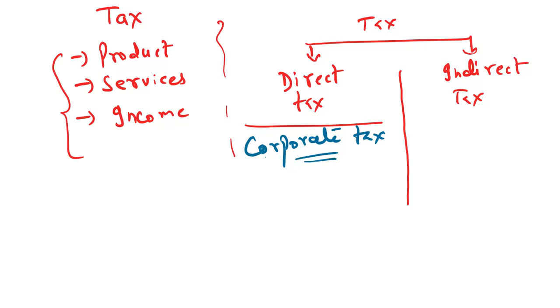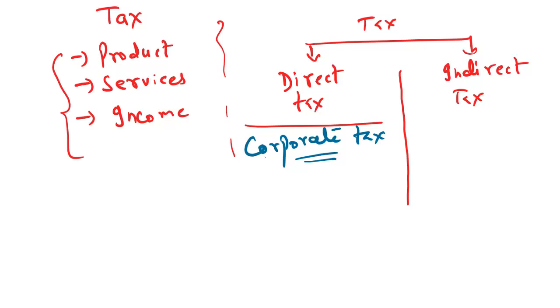Okay. So if the company is earning, the corporate tax means what? Business income tax. Any person, any company, any business, either small business or big business, doesn't matter. If they are earning taxable income, so on the profit, if it crosses the threshold limit, the exemption limit, then they have to pay tax on that.